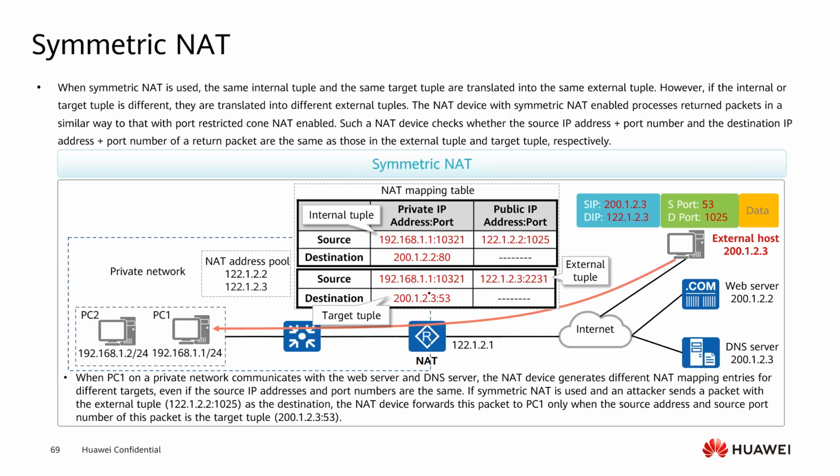Different sessions may have the same private IP and port, the same source IP and source port, but I will create a different external tuple for each. Even if they have the same source IP and same source port, I will create a different IP address and port.